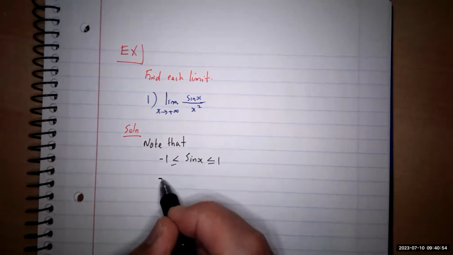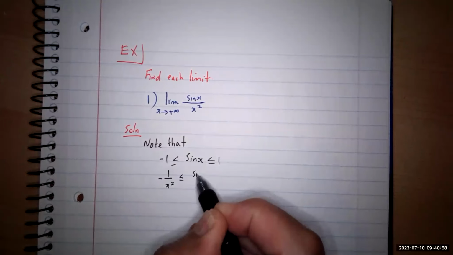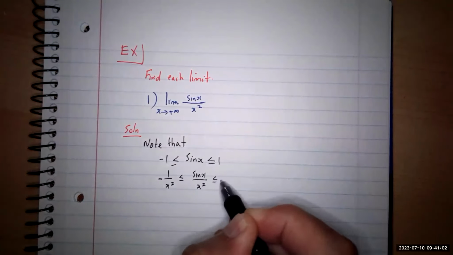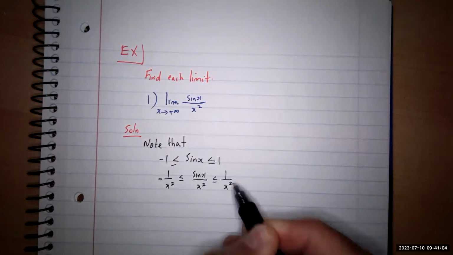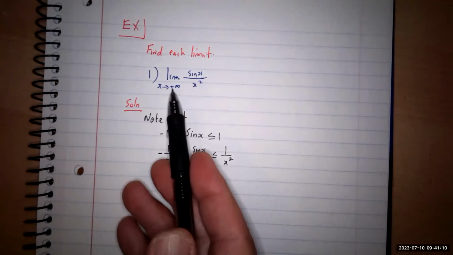So divide by x squared: negative 1 over x squared is less than or equal to sine x over x squared, which is less than or equal to 1 over x squared. Here you are. You don't have to worry about x not equal to 0 because x goes to positive infinity.